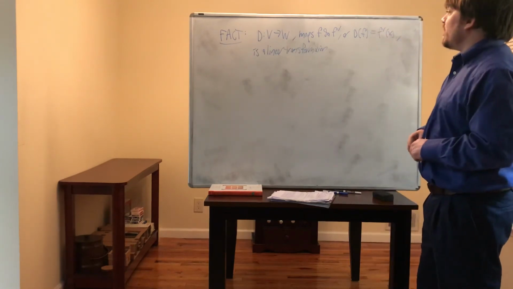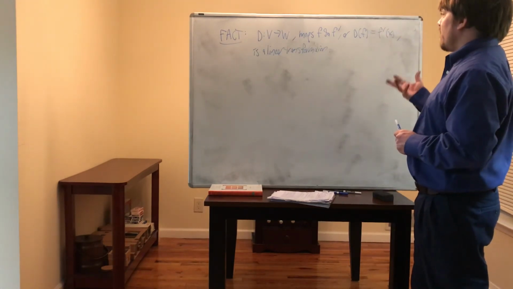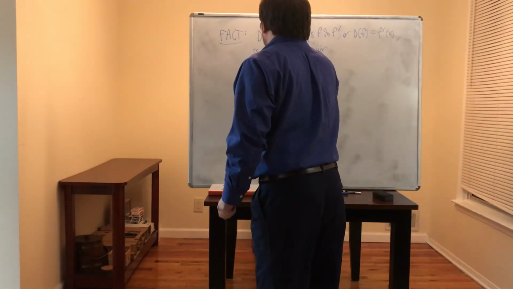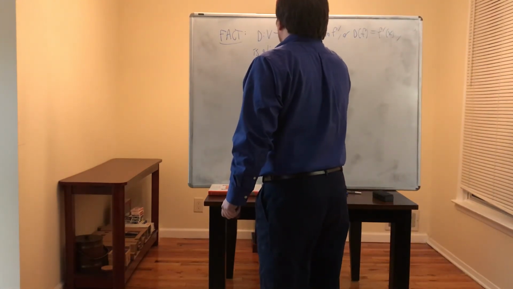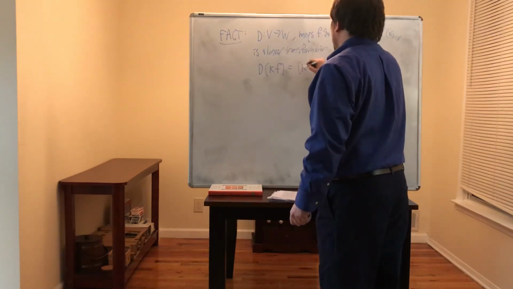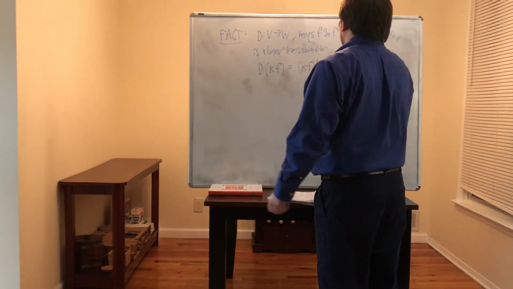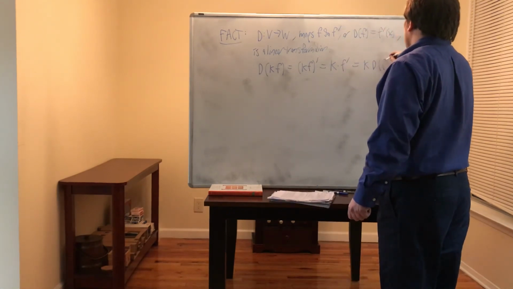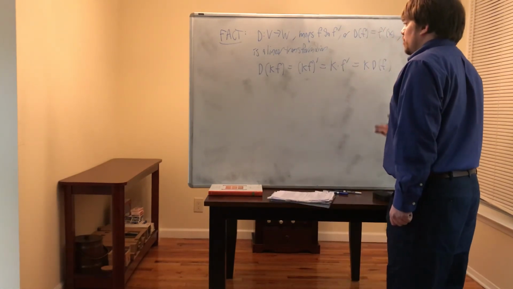And so if D maps a function f to f prime, that's a linear transformation. You can see that because D of k times f is equal to the derivative of the function kf. Well, that's just equal to k times f prime. That's k times D of f. And so the homogeneity property holds.